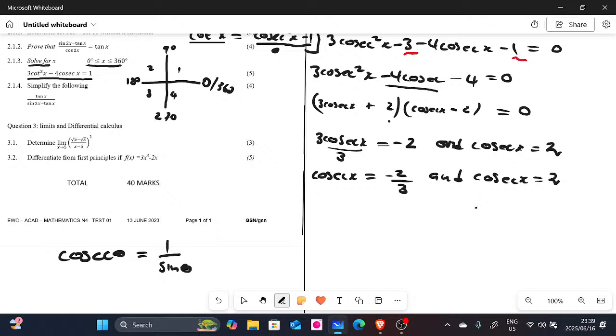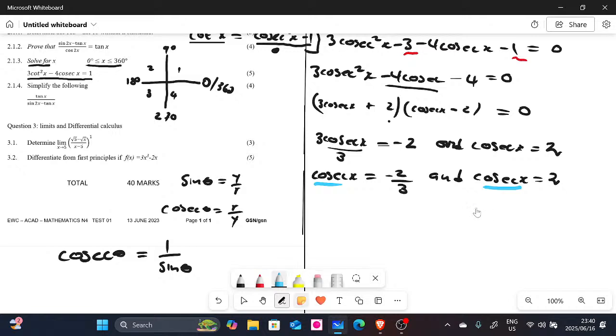So if sine theta is y over r, then cosec theta is r over y. We all agree there, guys, right? So you have to change this cosec, guys, into its inverse.